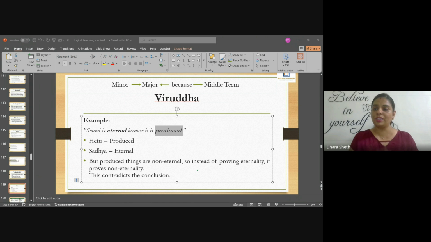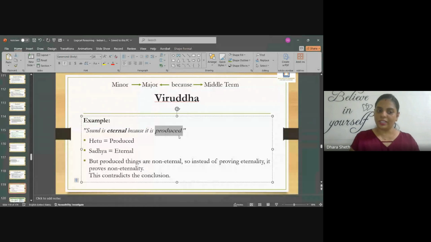It was produced right now. It was just given birth. So then it cannot be eternal. Eternal is something that has always been there and will always be there. Something that is produced will die. So produced things are non-eternal. So instead of proving eternality, it actually proves the opposite. That is Viruddha Hetvabhasa.